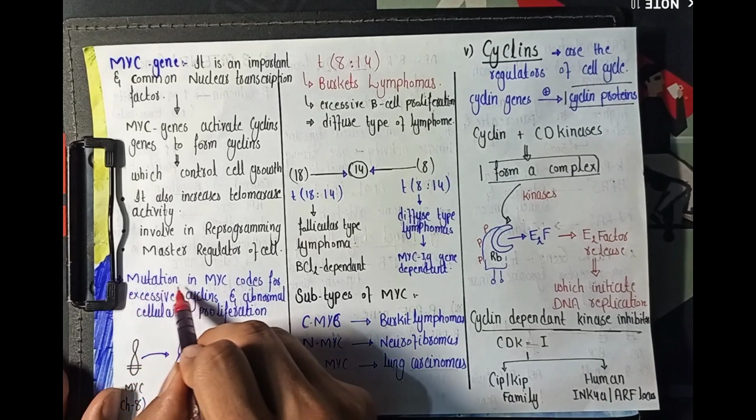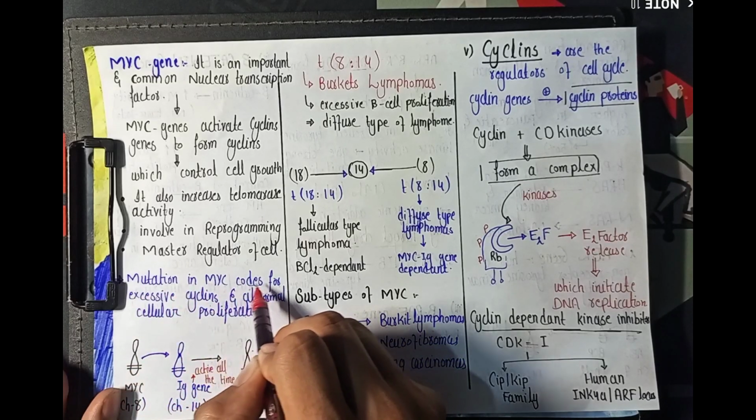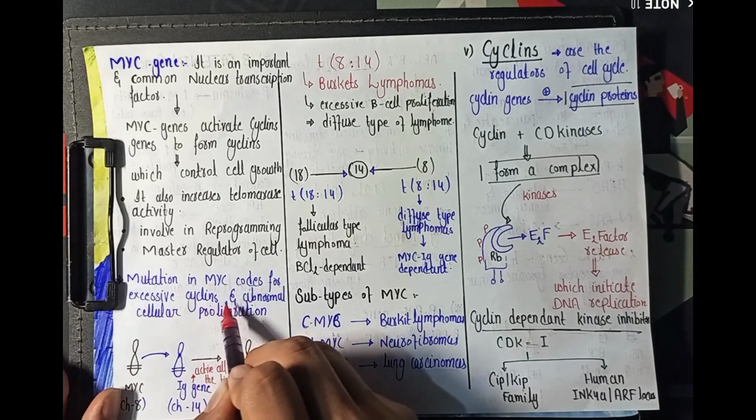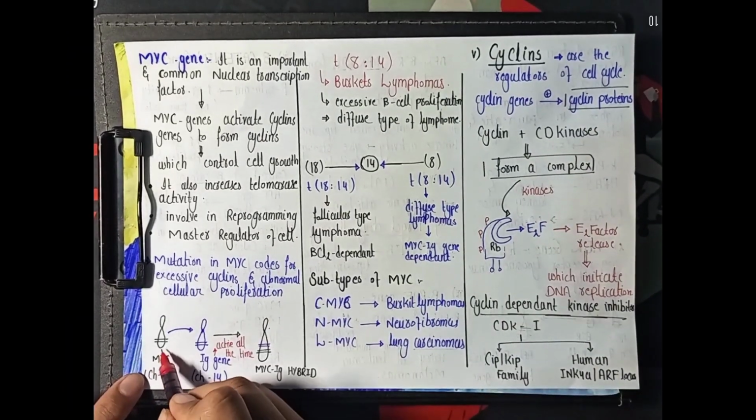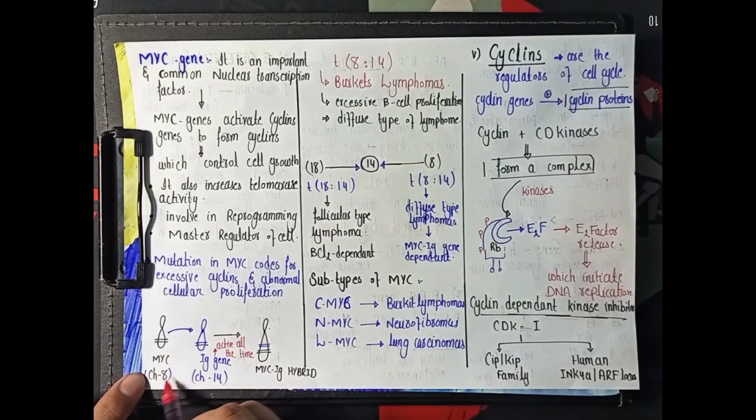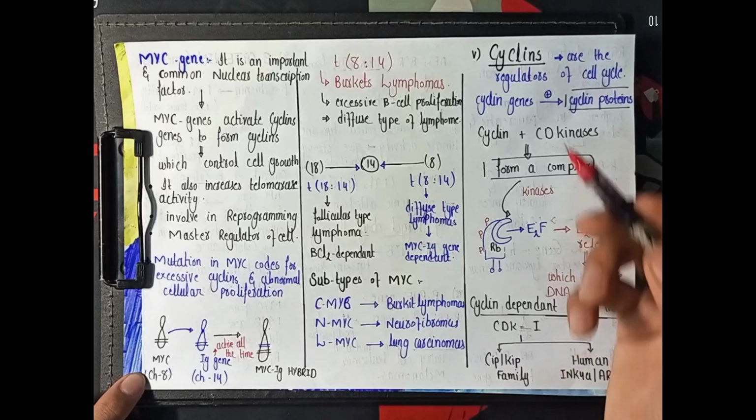If there is a mutation in the MYC gene, then it will code for excessive cyclin and there will be abnormal cellular proliferation. So the MYC gene, which is present on the long arm of chromosome number 8, is translocated towards chromosome number 14, where it combines with the IG gene, and the IG gene is active all the time. So there is formation of the MYC-IG complex or the MYC-IG hybrid.